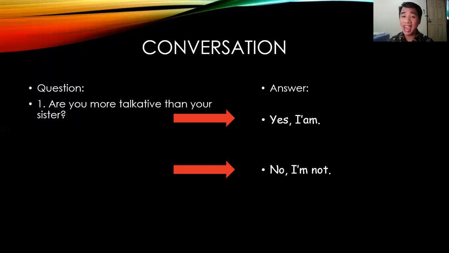So again, there are two ways to answer, whether you agree or disagree with the statement. If you agree, you will answer, yes, I am. But if you disagree, you will say, no, I'm not. Okay? So that is the answer.